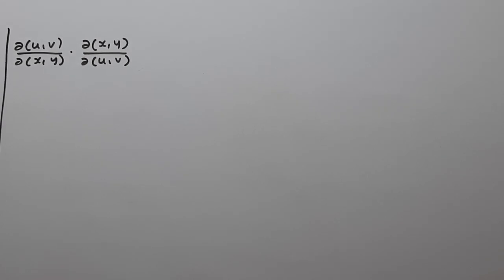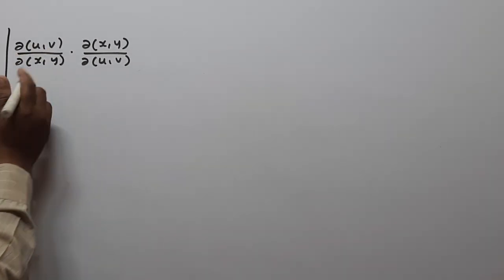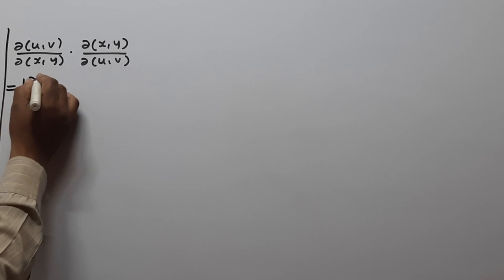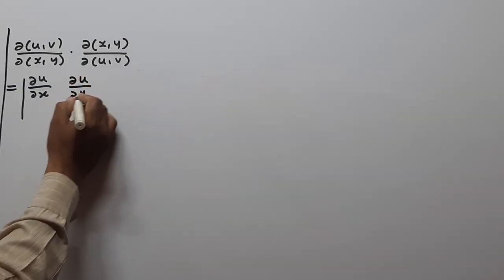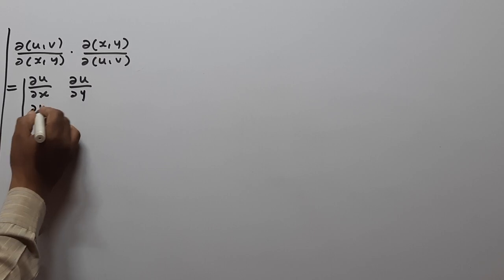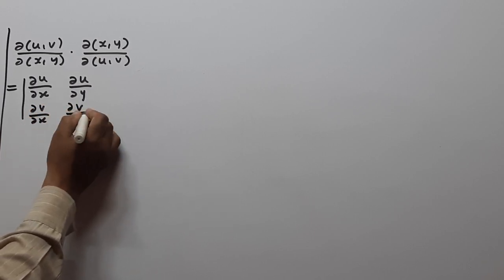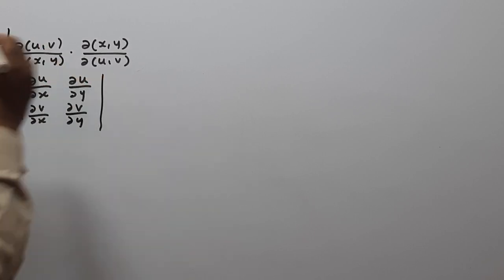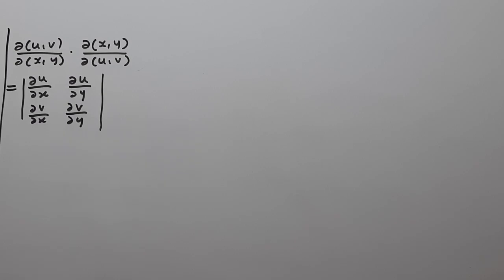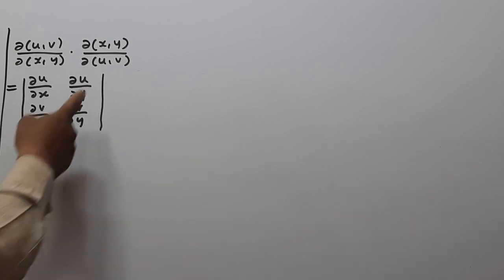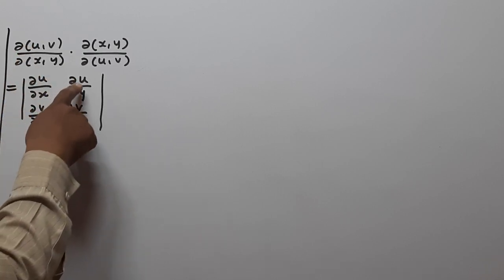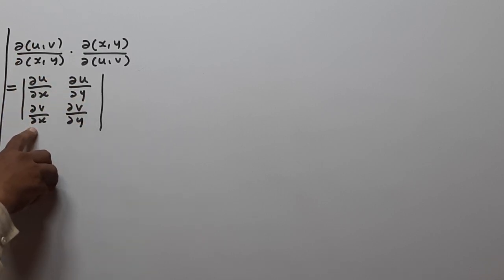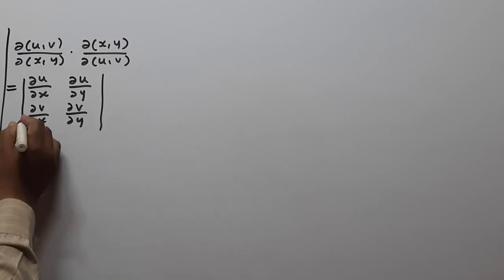So we know that the Jacobian of (u, v) with respect to (x, y) can be written as the determinant of del u upon del x, del u upon del y, del v upon del x and del v upon del y.